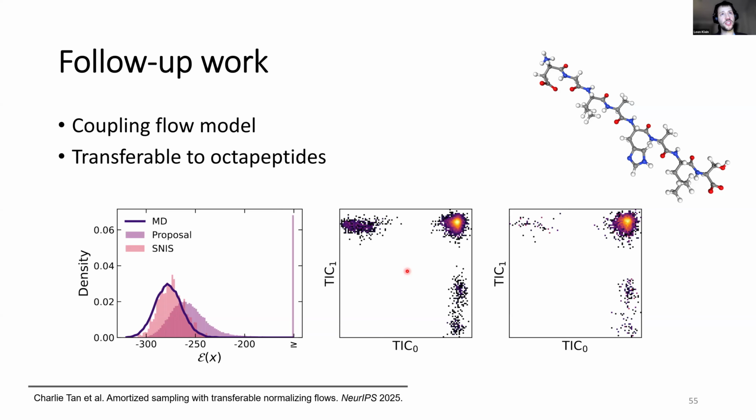I think a big part of the success here was to have a good data set, so there are a lot of octapeptides, tetrapeptides, and dipeptides simulated for that one. And training on this diverse data set was enough to scale to octapeptides.